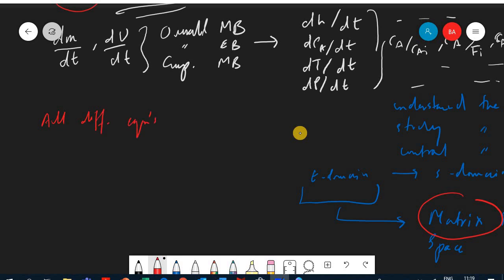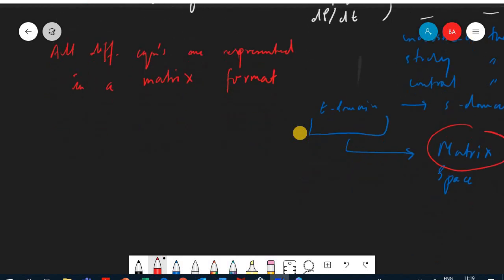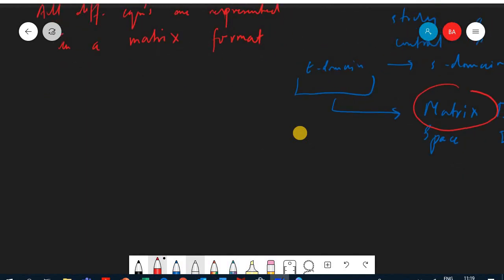The states that we have are represented in a matrix format. How do we do that? We do that through two equations, and this is the way we usually start explaining state space models for chemical industries, which is different when you study, for example, electrical engineering.